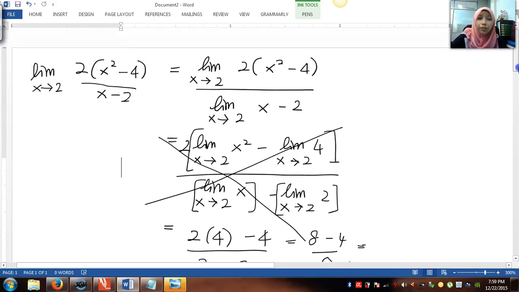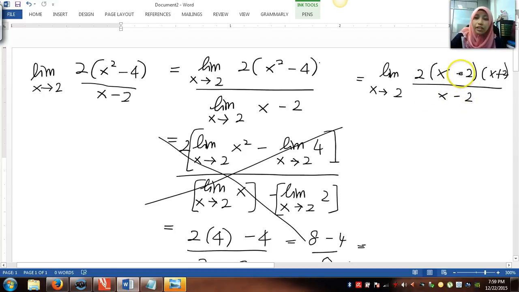So what we have to do at the beginning is factorize the function first. We have this limit as x approaches 2. We factorize the numerator to 2 times (x minus 2)(x plus 2) over (x minus 2).